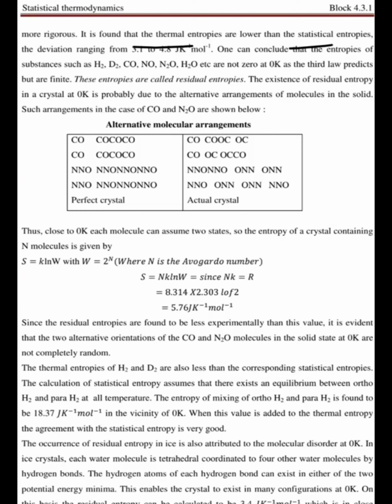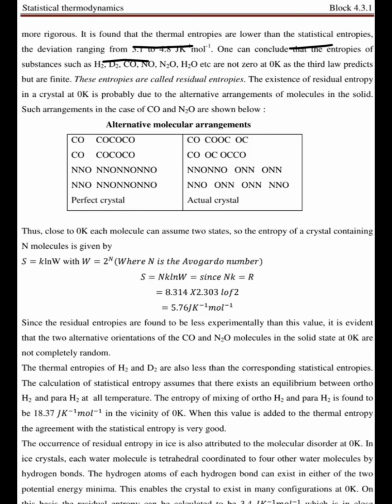We are seeing a deviation ranging from 3.1 to 4.0 joules per mole. One can conclude that the entropy of substances such as hydrogen, deuterium, carbon monoxide, nitric oxide, nitrous oxide, and water are not zero at 0 Kelvin.